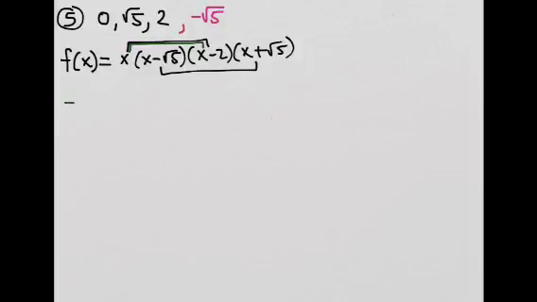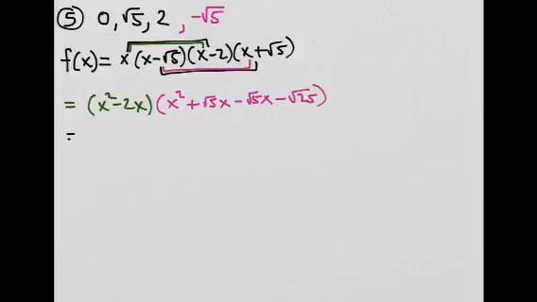So that's going to give me x squared minus 2x. Then I'll do the pink pair, these two right here. That's going to give me x squared plus radical 5x minus radical 5x minus square root of 25. Okay, now we're simplifying. Well, this one there's nothing to simplify. Just bring it down. This one is x squared, radical 5x minus radical 5x is 0, and then square root of 25 is 5, so this is minus 5.